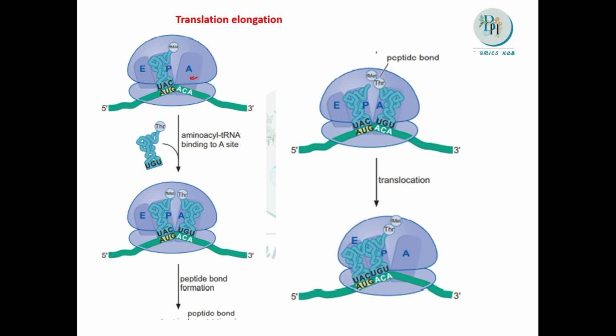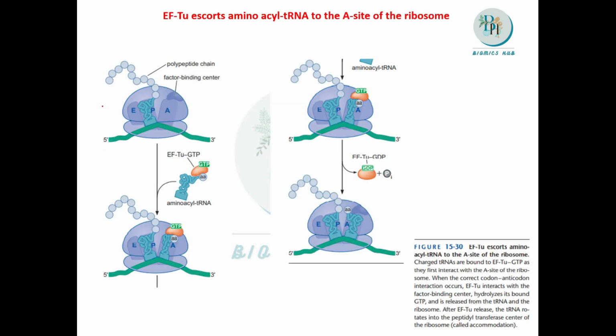In prokaryotes the first amino acid was formylated methionine, but in eukaryotes it is only methionine. We can see here that in eukaryotes the next tRNA is brought by EF-Tu, which is now in the GDP form. In eukaryotes the equivalent of EF-Tu is eEF1, which brings the second tRNA and binds it in the A site.